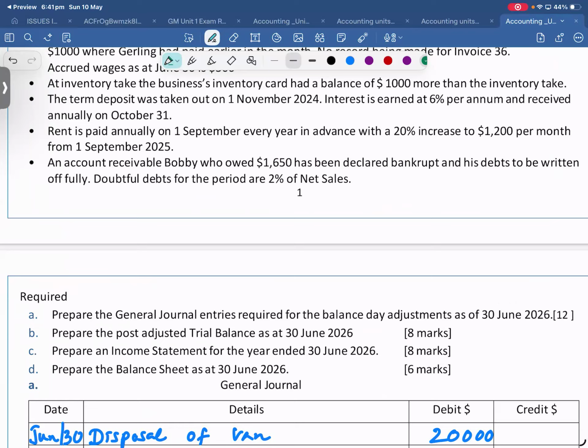How much? Accounts receivable credit is 1650. So you are debiting bad debts, debiting GST, crediting the other two.